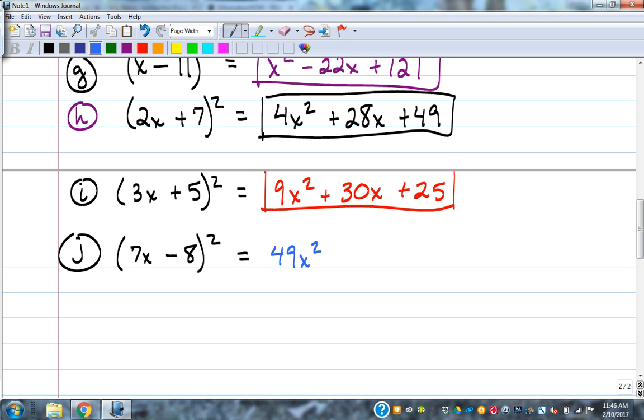What's in the middle? 756? Double 56 would be 112. Is it a plus or a minus? Minus 112x plus how much? 64.